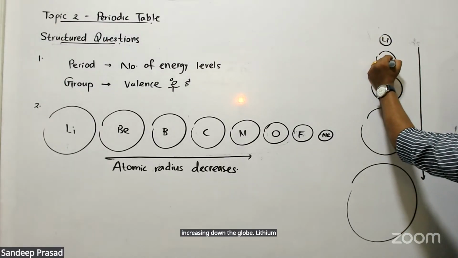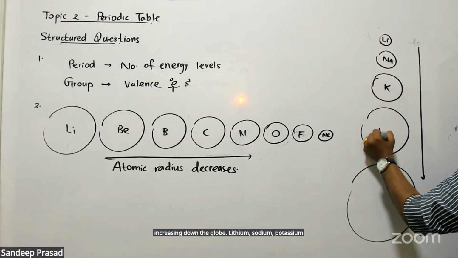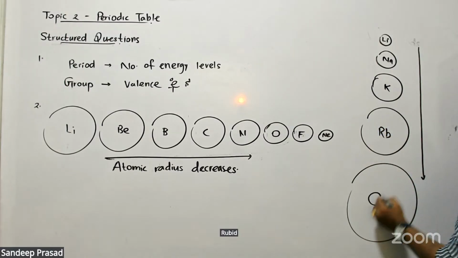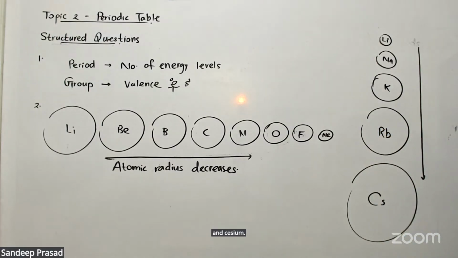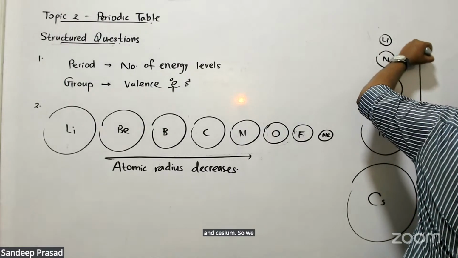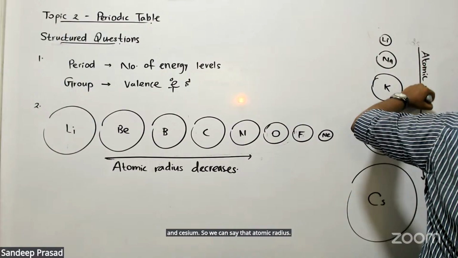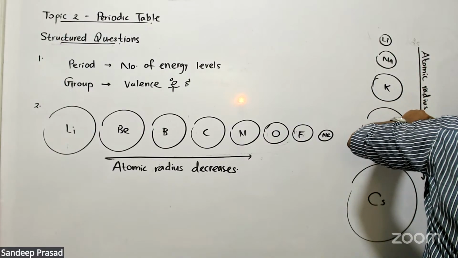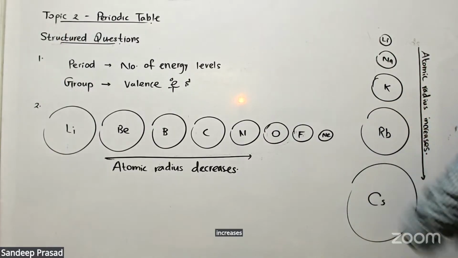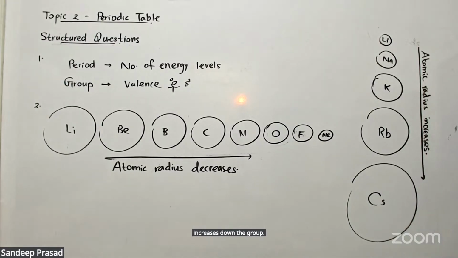Lithium, sodium, potassium, rubidium, and cesium. So we can say that atomic radius increases down the group.